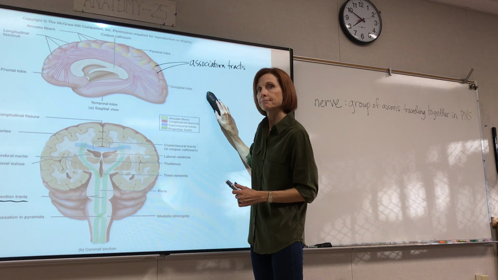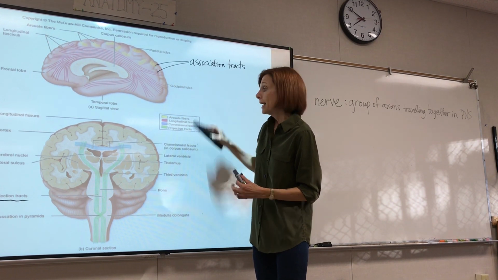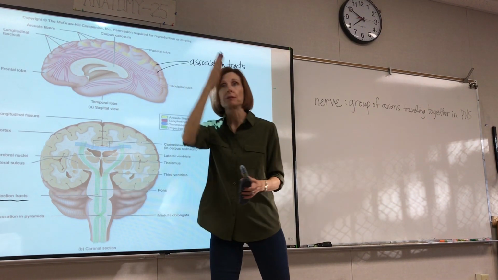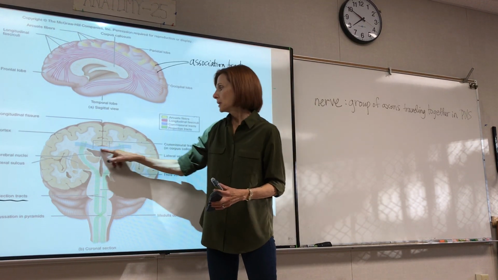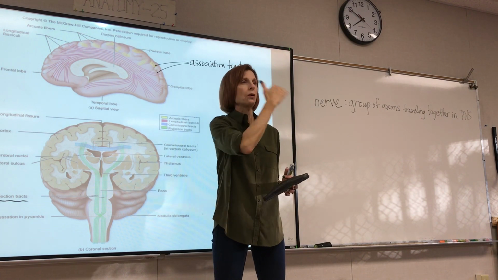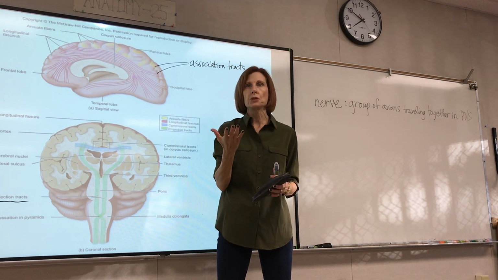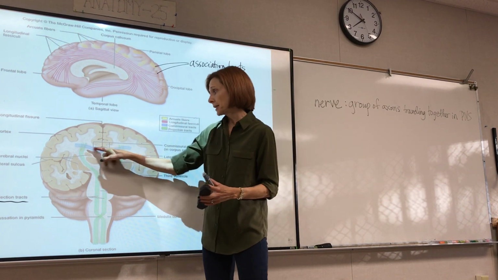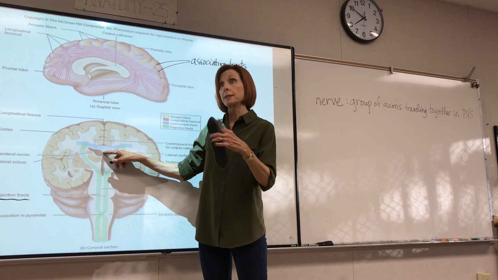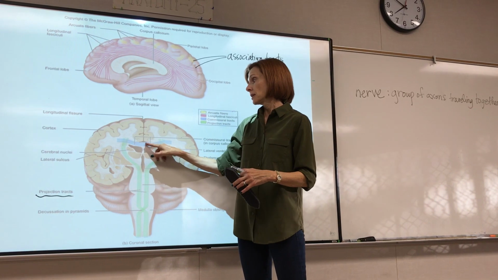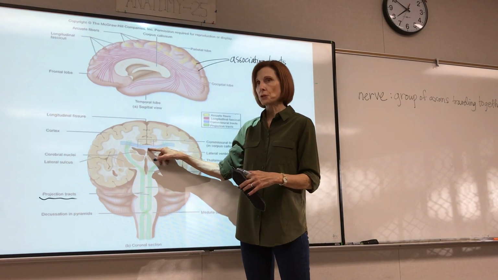Okay? And the green, because they're traveling vertically, are projection tracts. The blue would be, again, anything that crosses over the midline is going to be a commissural tract. But this one here actually happens to be the corpus callosum. So that is a specific name for this commissural tract.